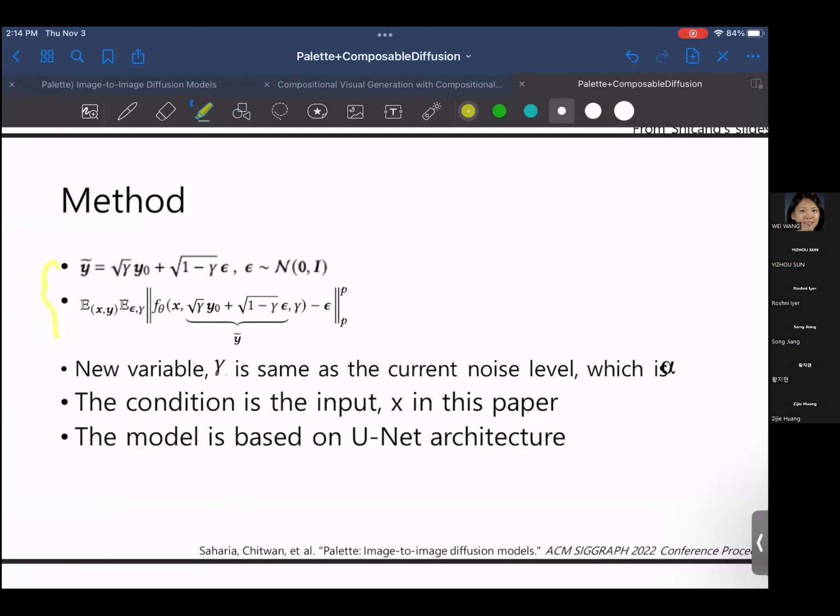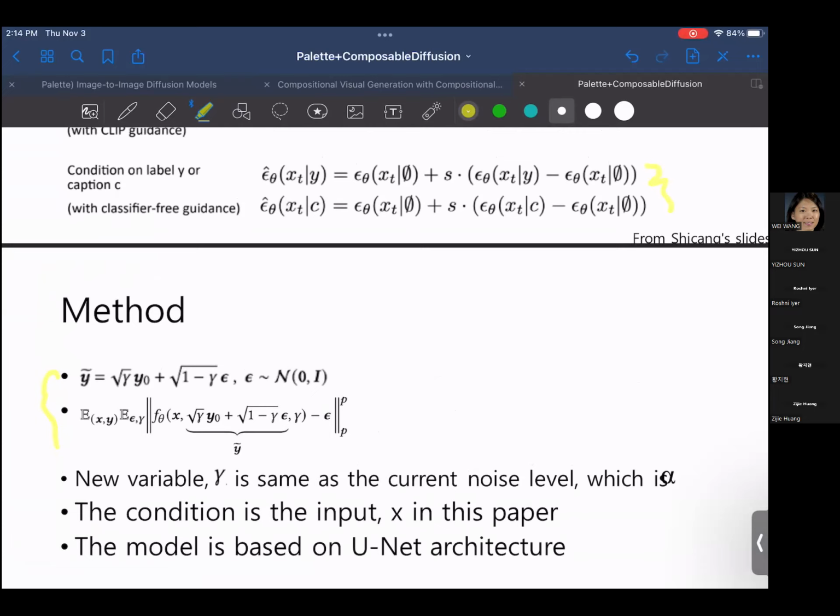It is in a slightly different form from the equation above, but it is doing the same thing, where this gamma here is the same as the current noise level, which we observe a lot in denoising diffusion models, normally introduced as alpha.